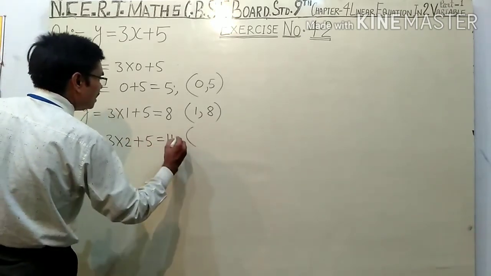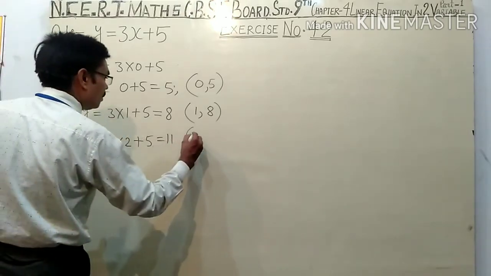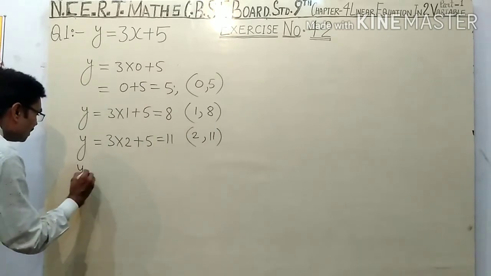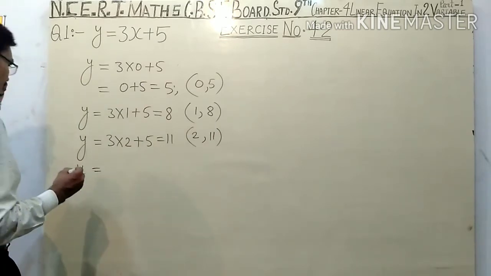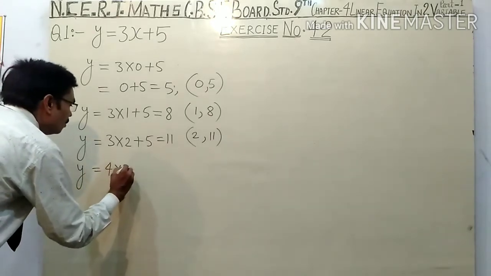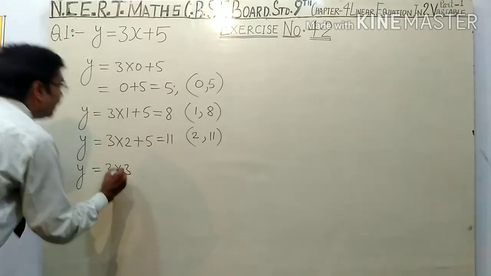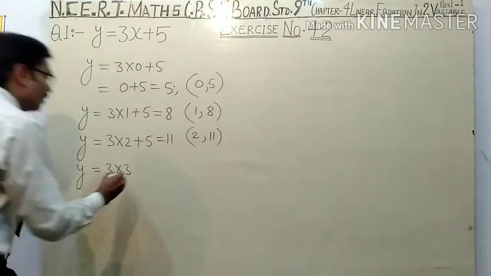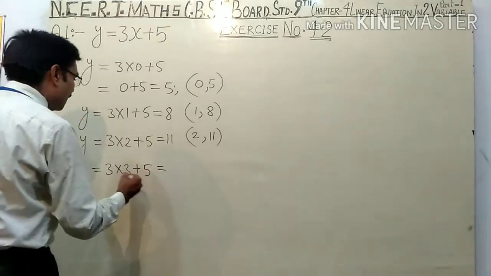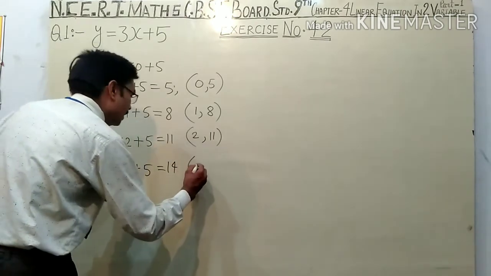Hence third solution of the equation is 2, 11. And next, by taking x equal 3, y equals 3 into 3 plus 5, 3 threes are 9 plus 5, 14. We get 3 and 14.